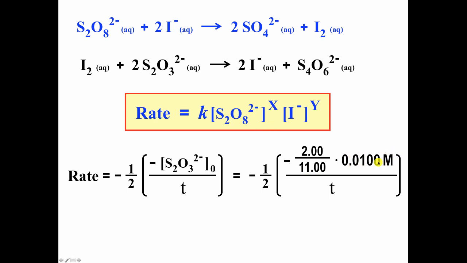So the 0.01 molar solution concentration is diluted by a factor of 2/11, and then there's the 1/2 out in front to take into account the stoichiometry. And then T is whatever we measure for each experiment. Now, -1/2 of -2/11 of 0.01 molar works out to be 0.000909 molar, and then divided by T. The T will be different in each experiment. The concentration change will be the same.